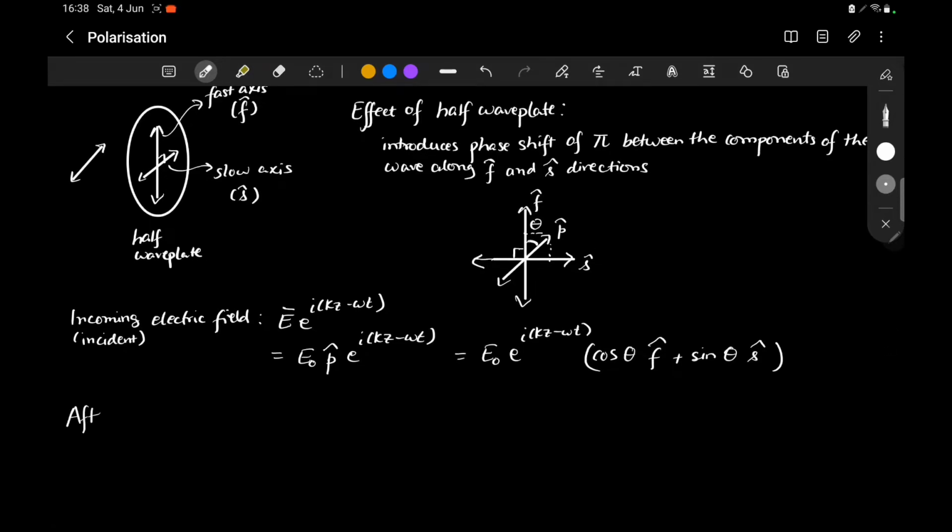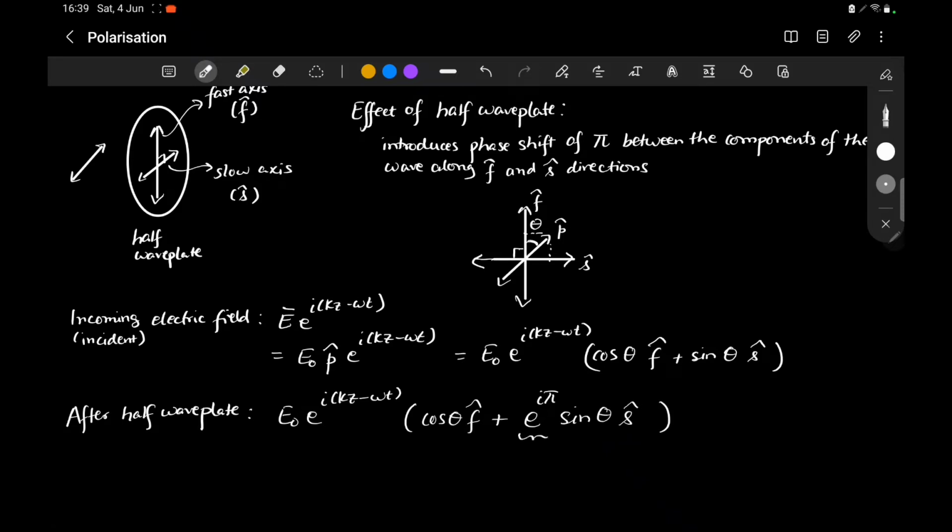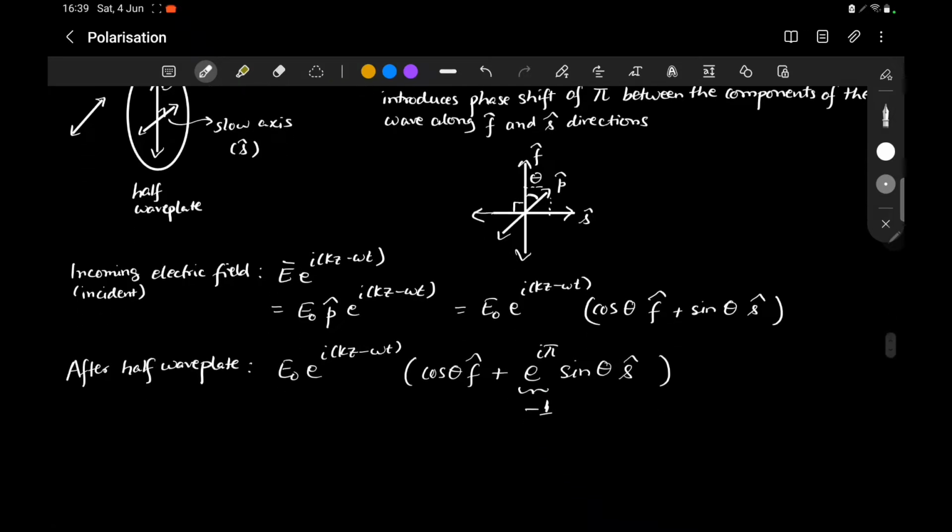Now after the half wave plate, what does the half wave plate do? It introduces a phase shift of pi between the F and S components. So after the half wave plate, we have the following, plus phase shift of pi, and e to the power i pi is nothing but -1.